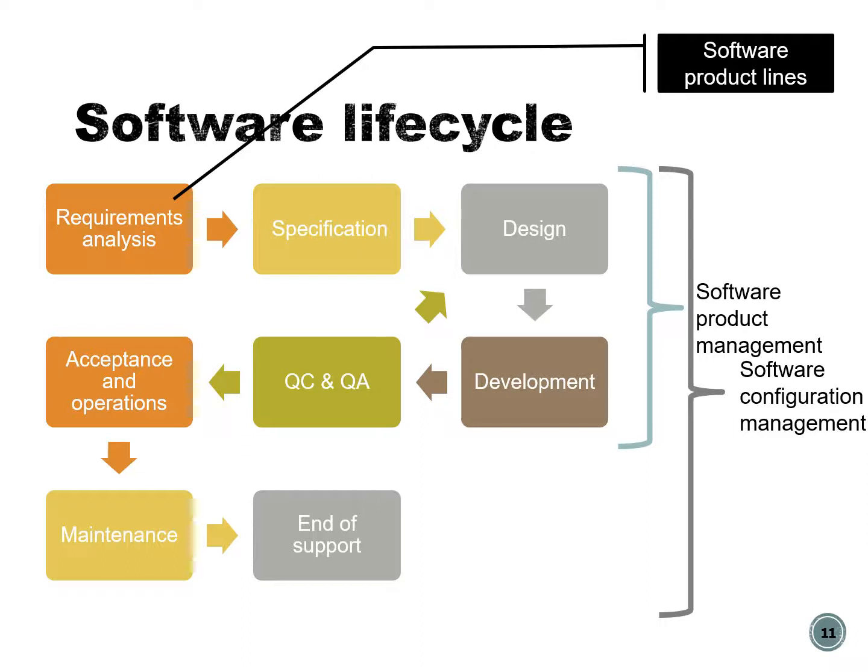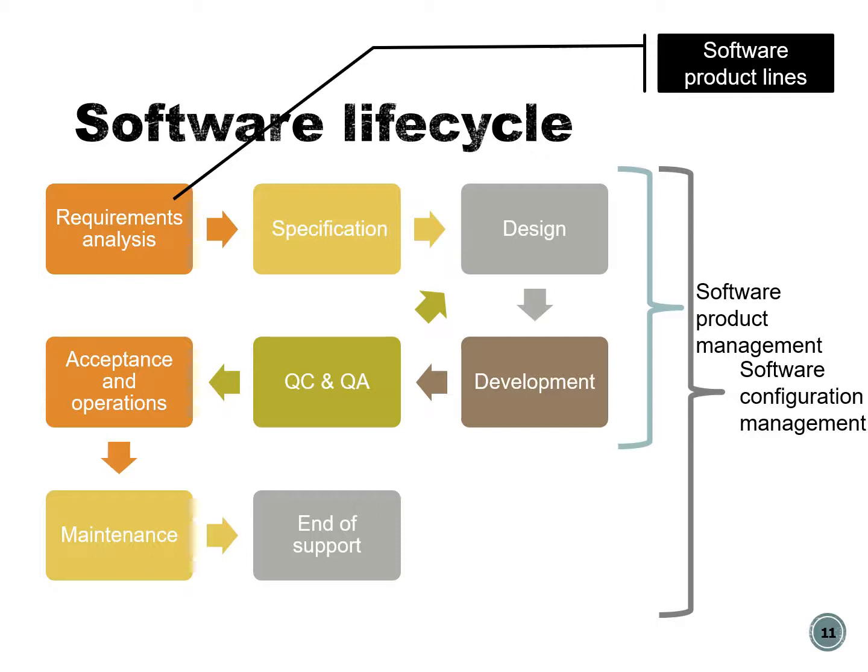Finally, the software product lines here are depicted as a box aiming towards the requirements analysis. This means, of course, that each time we launch a new product line, we more or less have a new market for it, or new customer, or new industry segment, or something like that. So we have to gather requirements specific to that area of interest, whether it's a market or audience or customer or whatever, and then try to come up with the things that we already have and tailor a product that suits those new people, the new requirements.